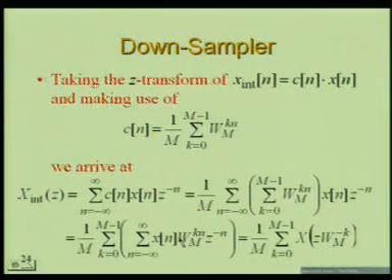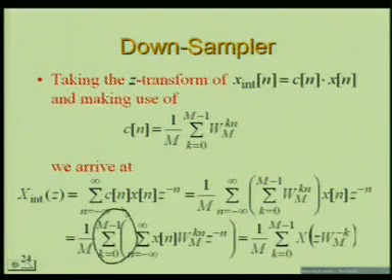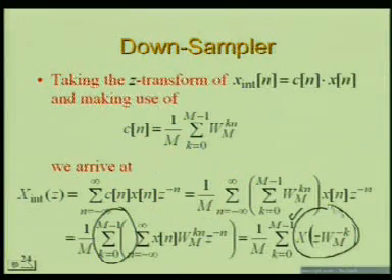that is equal to 1 divided by M, and this can be taken outside, sum over k from 0 to M minus 1, and within bracket I can write sum from minus infinity to plus infinity of x[n] W_M to the power kn z to the power minus n, that is equal to simply 1 divided by M sum over k from 0 to M minus 1, then X(z W_M to the power minus k).